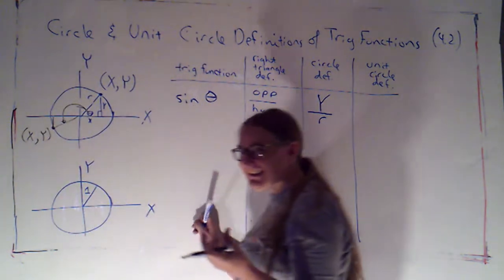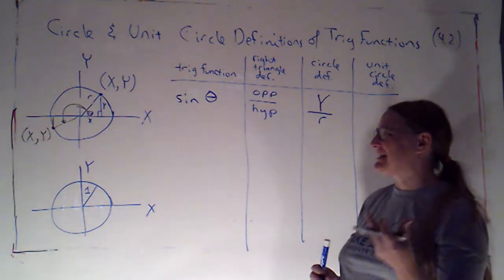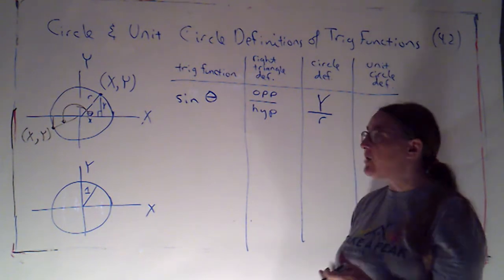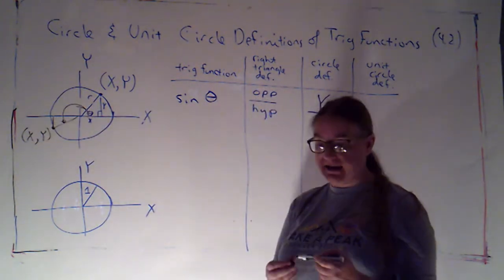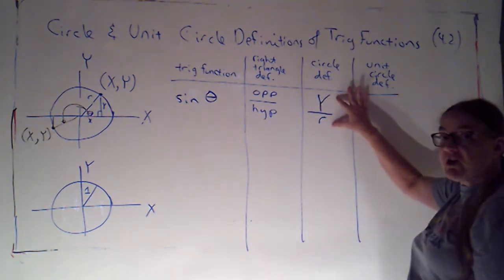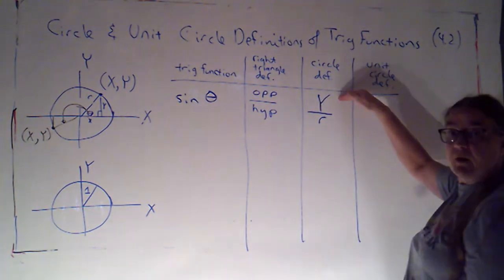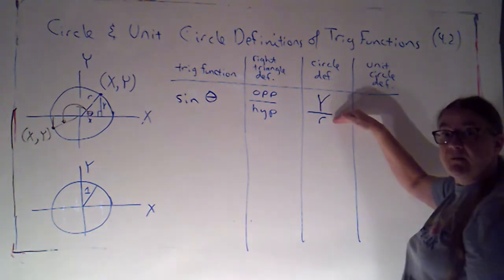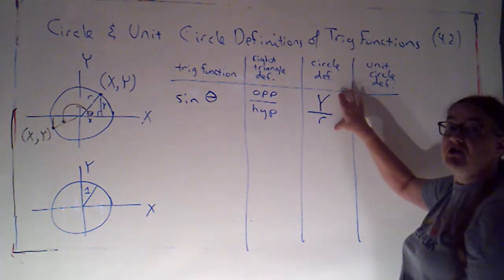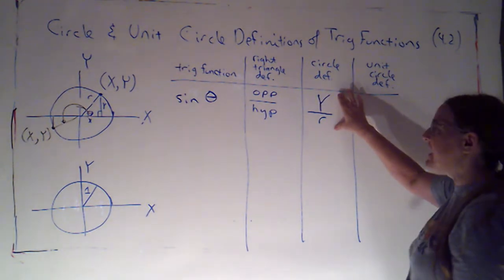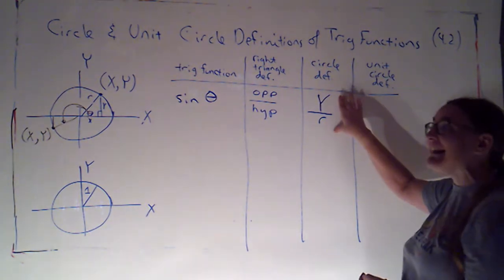The signed side lengths would be x, y, and r. R would be positive, but this angle happens to be in quadrant 3, so x and y would be negative. But I can just take this ratio of the y value where we intersect the circle divided by the radius of the circle. That is the definition of sine of theta, and that works for any angle.